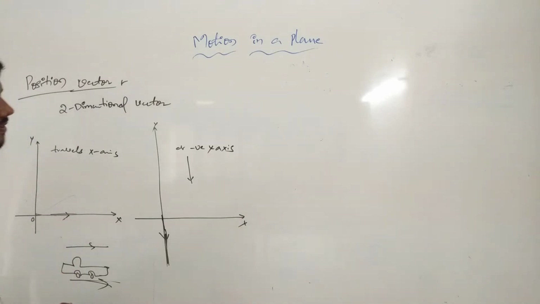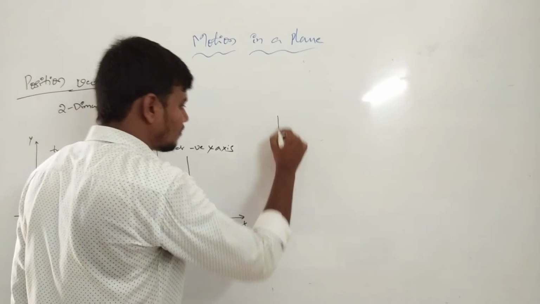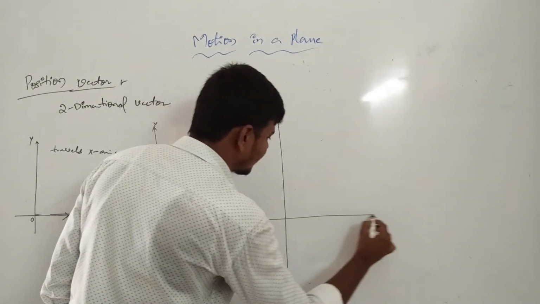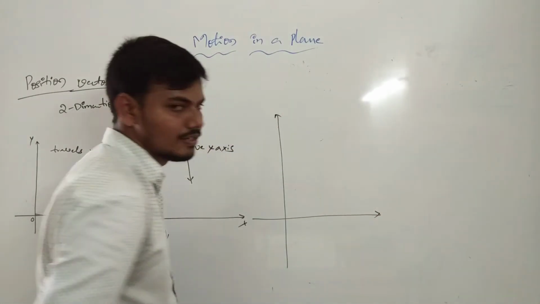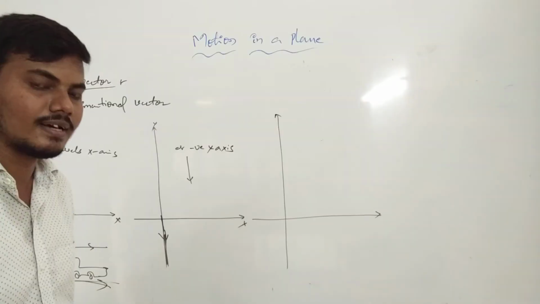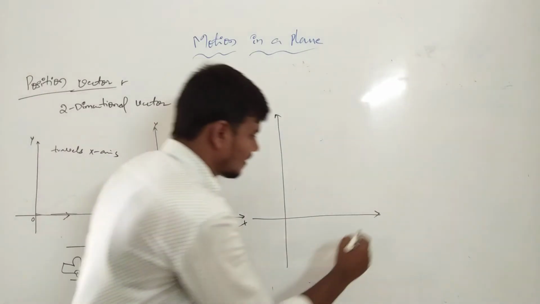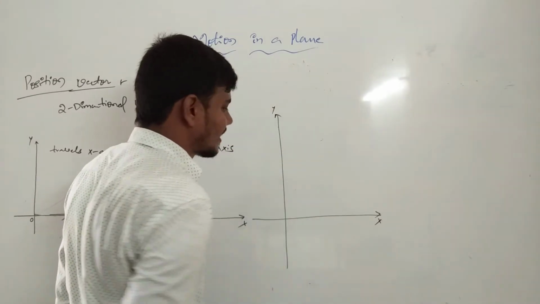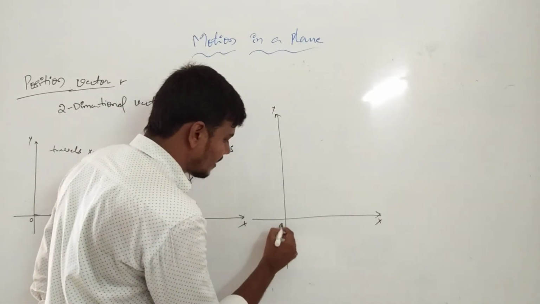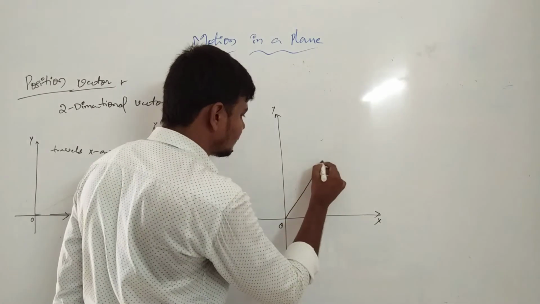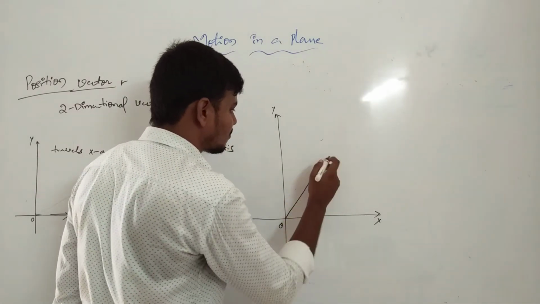Clear? For the third one, for example, we take the resultant. The resultant is known as the position. The resultant is taken from the x-axis to the y-axis, when a car travels from the origin to this direction. This direction function is known as the position function.